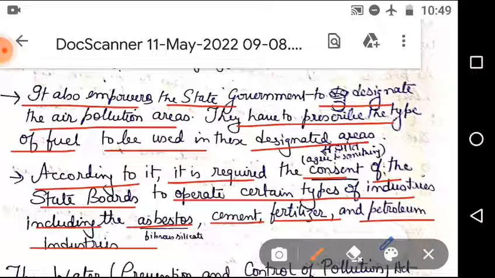Even if it is causing pollution, it will try to compensate. So when operating or installing certain types of industries like asbestos, cement, fertilizer and petroleum industries, we have to get consent from the State Pollution Control Board. So this was all about the Air Act.